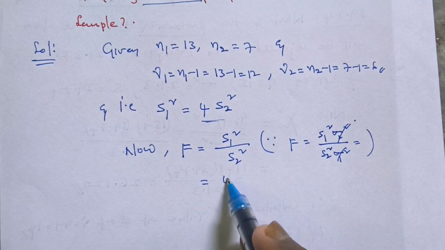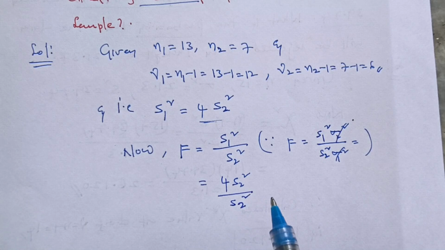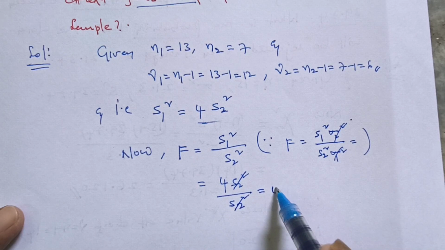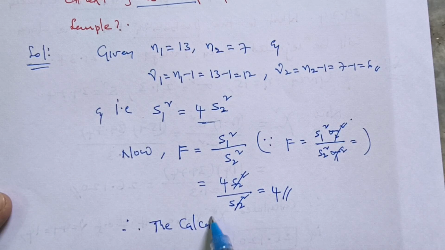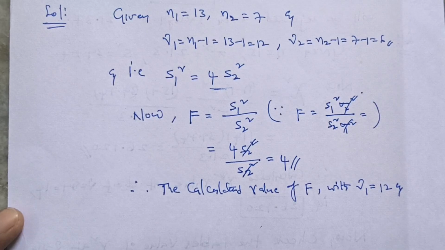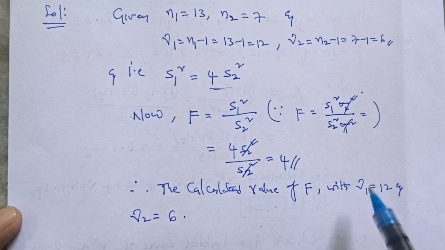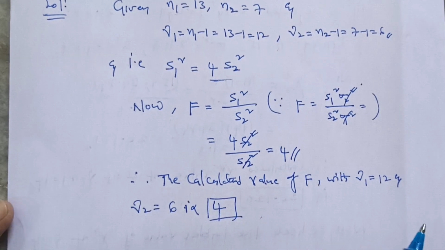So S1 square is 4 into S2 square, and 4 into S2 square by S2 square, S2 square cancels out. Here we have the value 4 only. Therefore F equals 4. So F equals 4 is the calculated value of F with degrees of freedom nu1 equals 12 and nu2 equals 6.